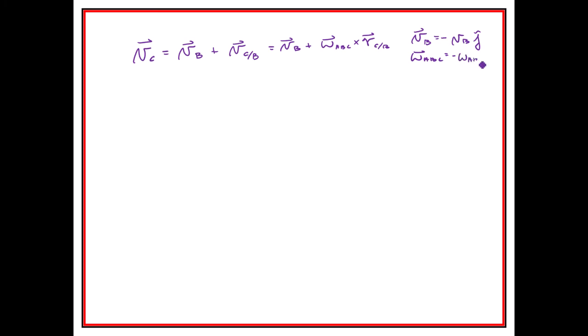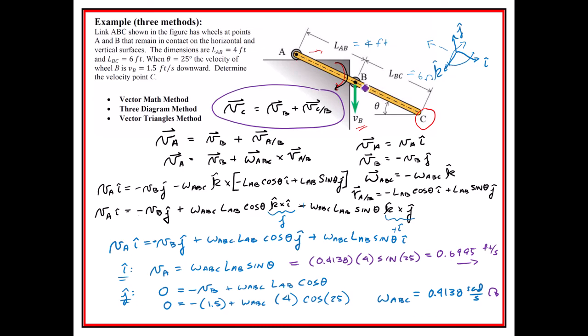Omega ABC K hat. I'm going to get rid of that. And then we also need to know the r of C with respect to B. That's going to be a little bit different this time, because we're coming down. It's going to be a positive I, so it could be positive L_BC times the cosine of theta, right?